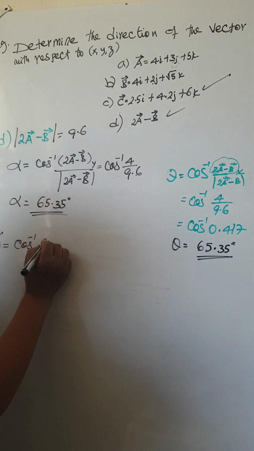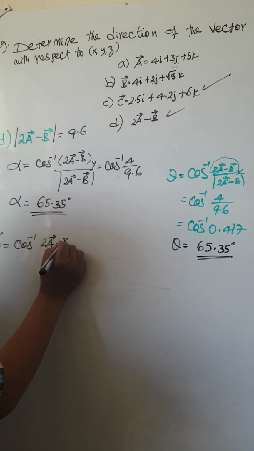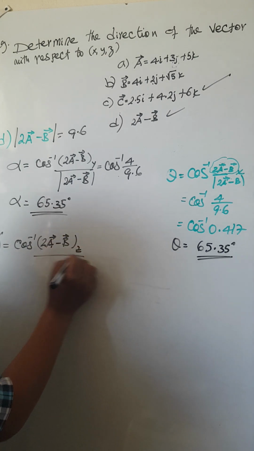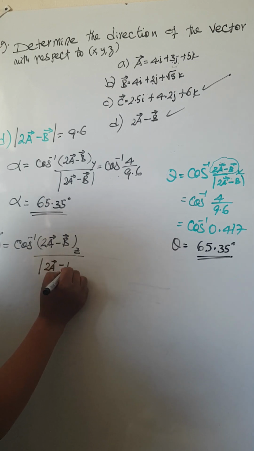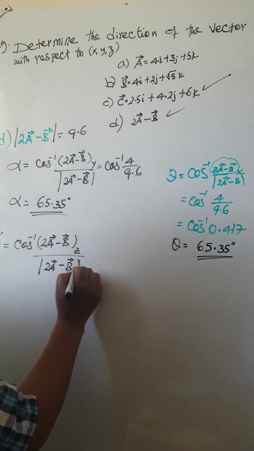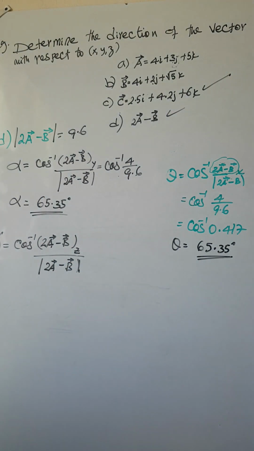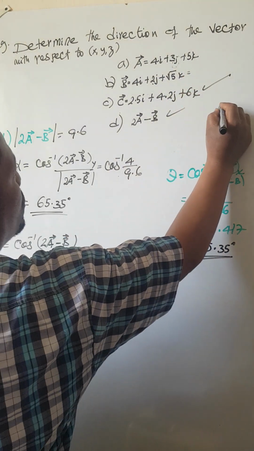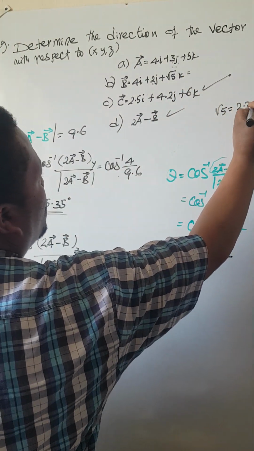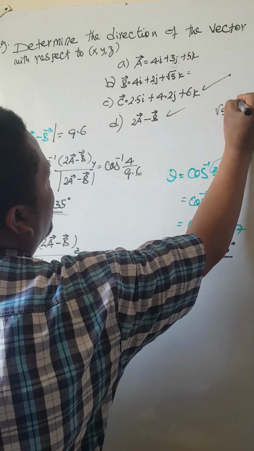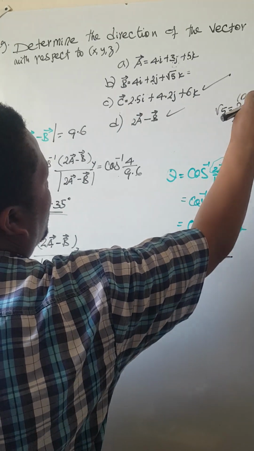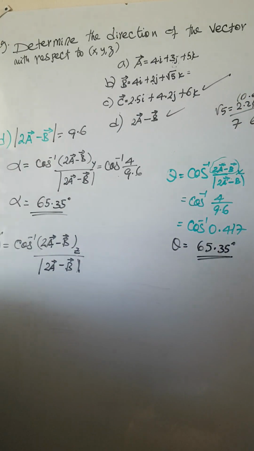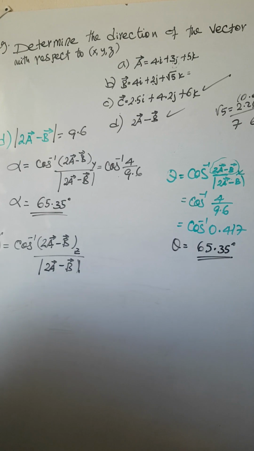Now the third angle, gamma, is equal to cos inverse of the z component of 2A minus B divided by the magnitude of 2A minus B. Now root 5 was found to be 2.24, so twice root 5 is 10. 10 minus 2.24 is equal to 7.76.